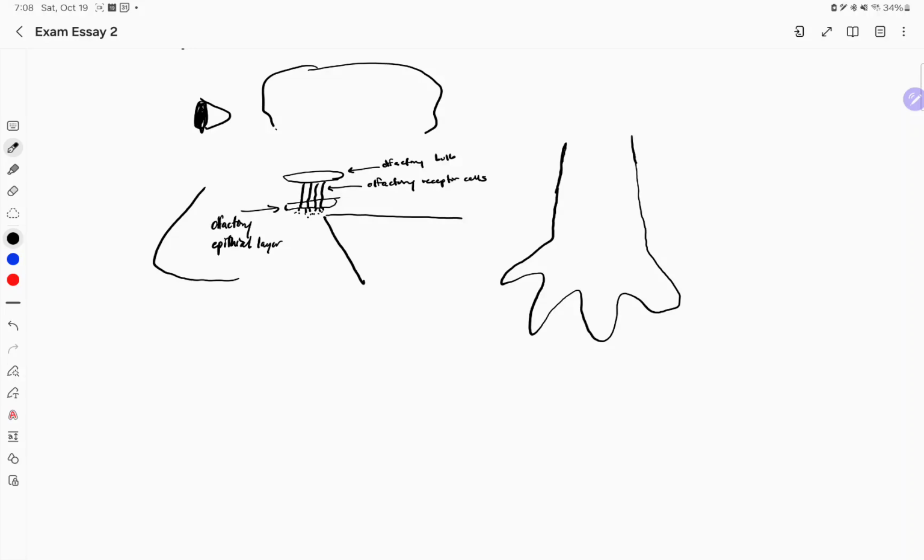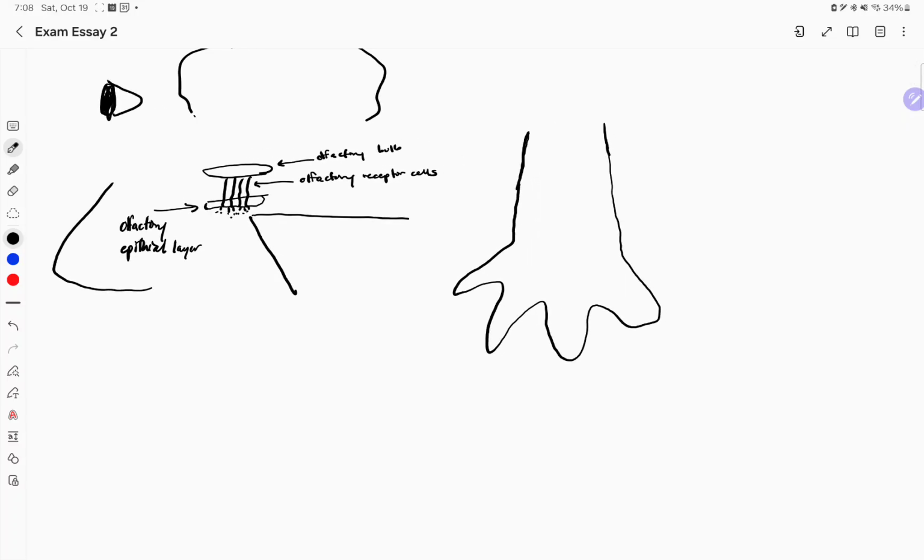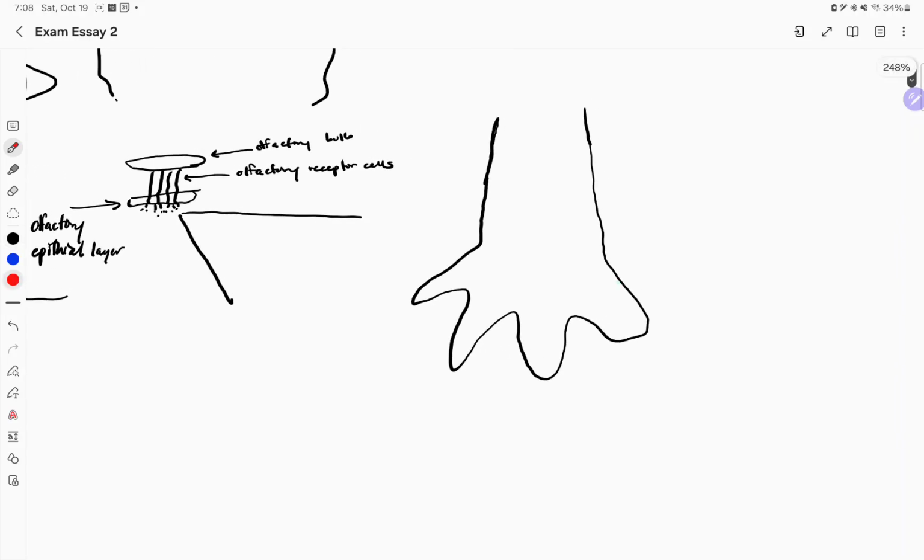And just like with anything else in physiology, in the membrane of this cell, we're going to look at some channels and what they do. I'll just draw it right here. We have a G protein here.